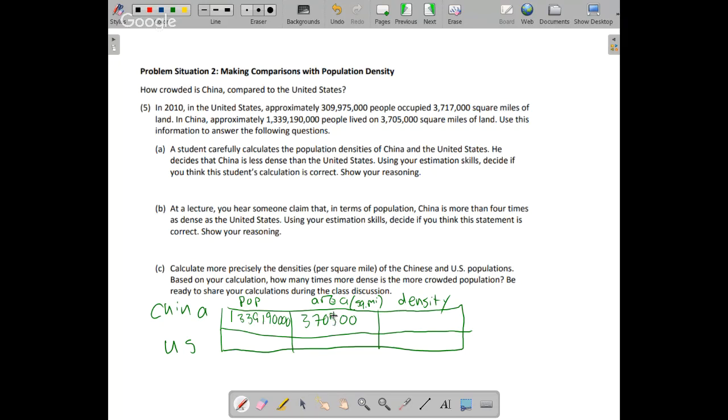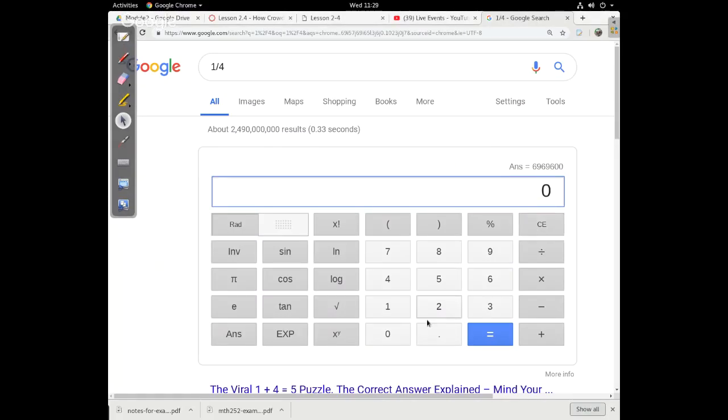So keep that in mind. Density would just be the division of these two. All right, so let's see if I can get that right on my calculator. So we have a population of 1,339,190,000 divided by an area. Let's see if I get that right.